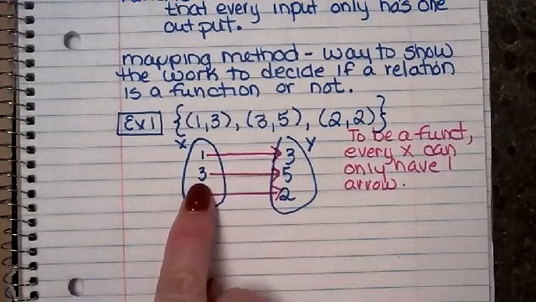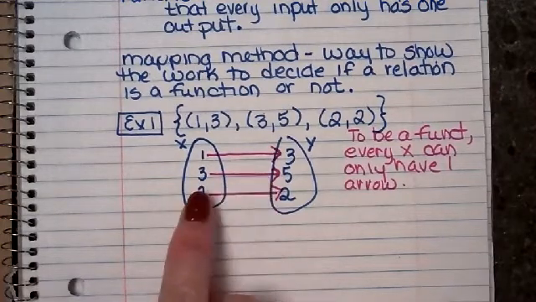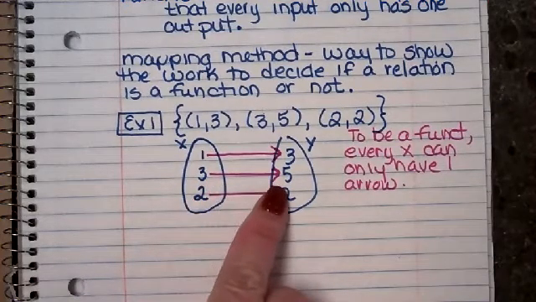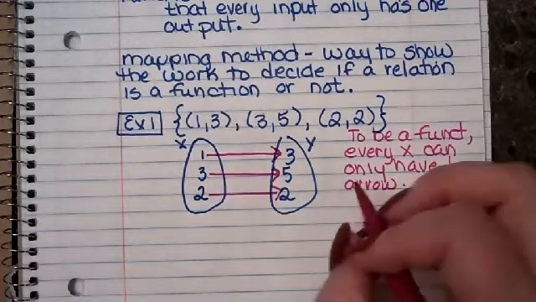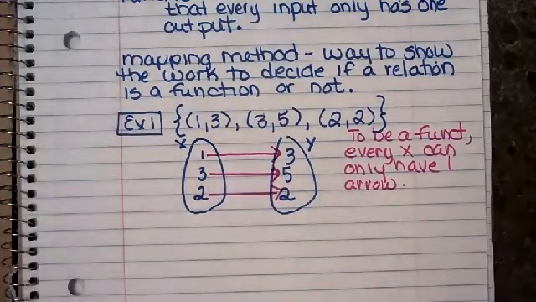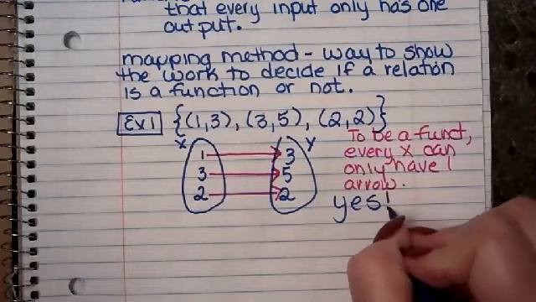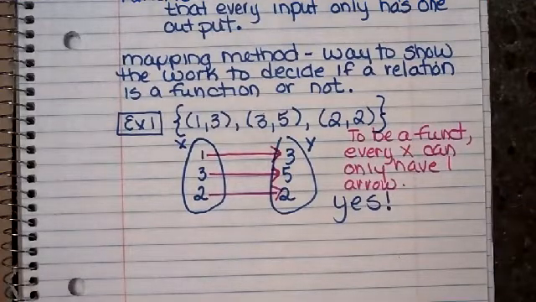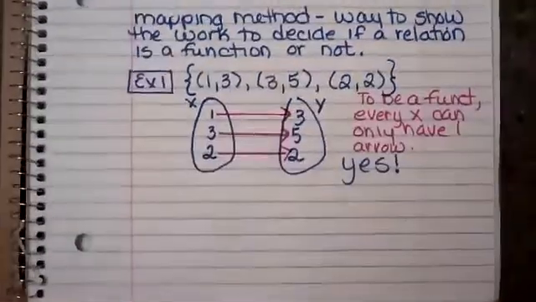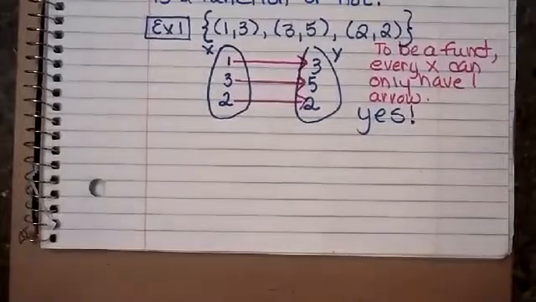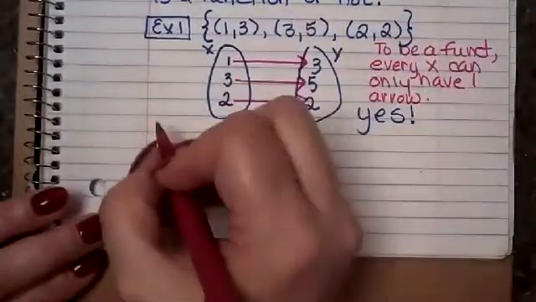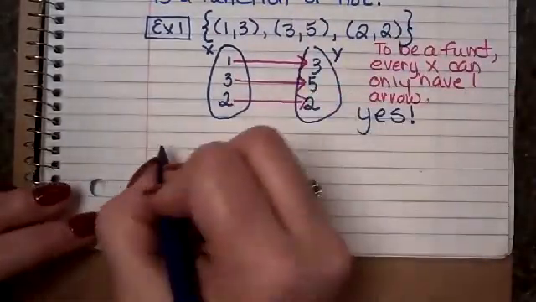The 3 right here has only one arrow. The 2 right here has only one arrow. So if I know that, I would say right here that that is a big old yes. That is a function. Okay, well that looks simple. Now let's do another example. Our next example is going to be one that's not a function, so we'll see how they're different. Okay, so example 2 right here.